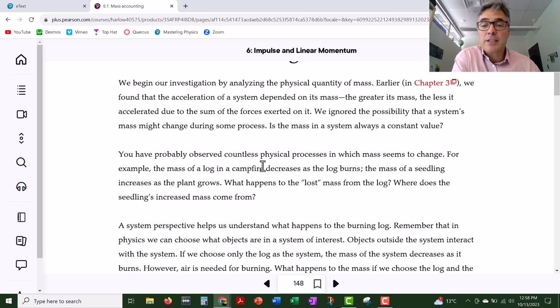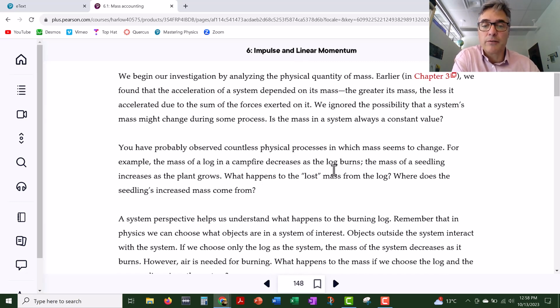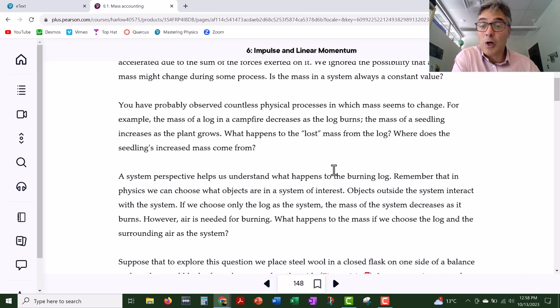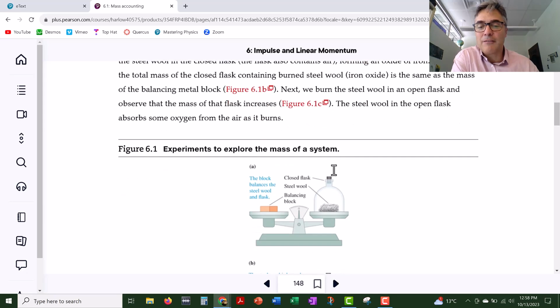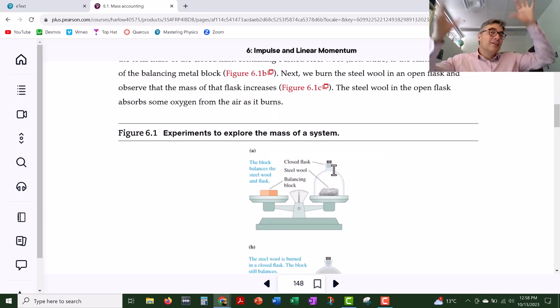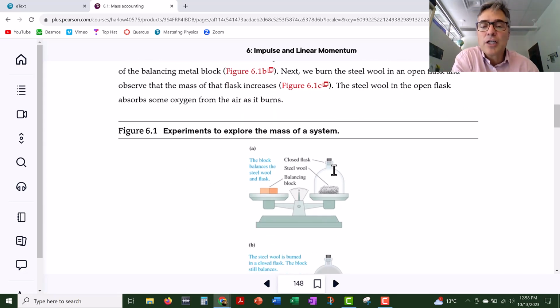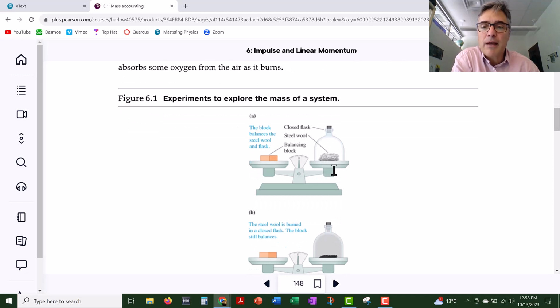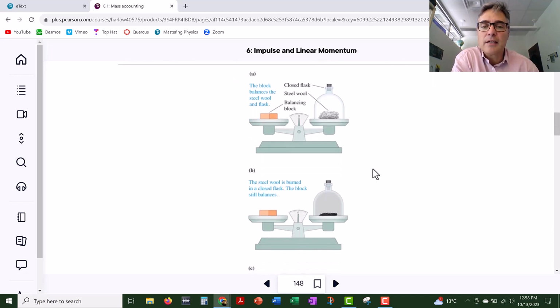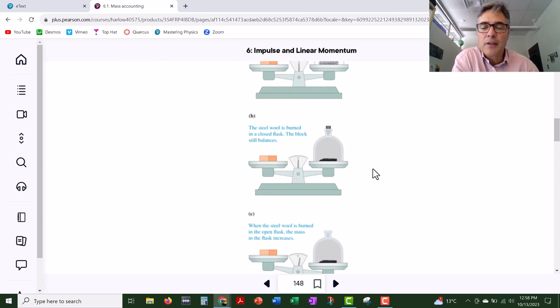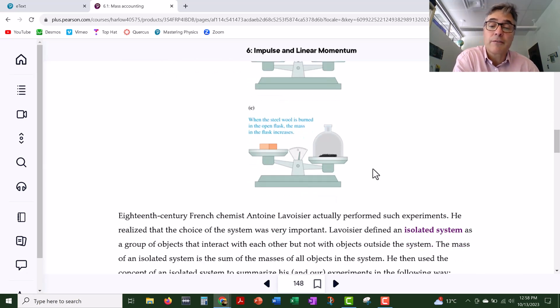For example, the mass of a log in the campfire decreases as the log burns. What happens to the lost mass? Well, if you add up the mass of all the smoke and all the ash, you would get that same mass again. There are a lot of experiments to prove that matter doesn't just go away, it just gets turned into different forms of matter.